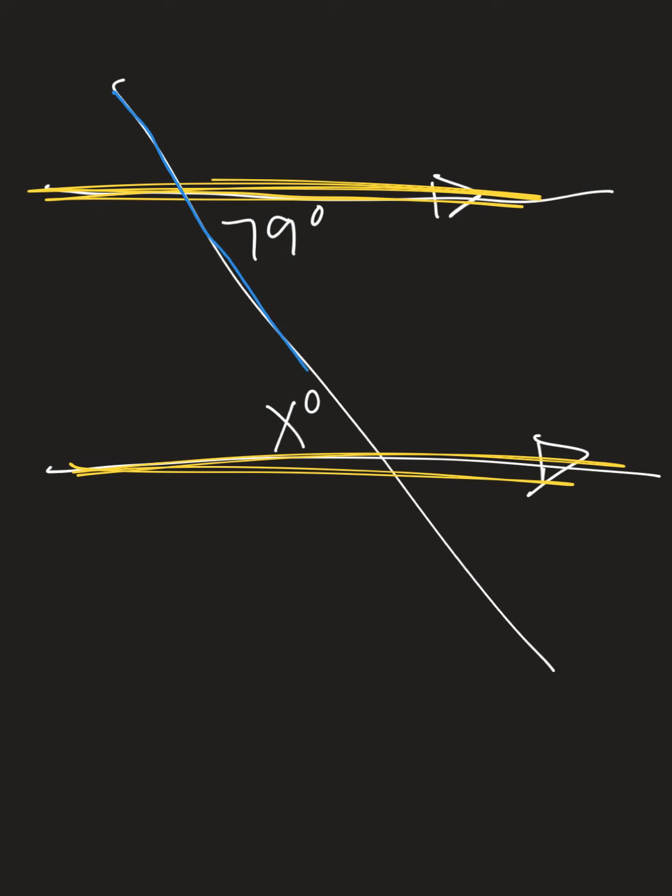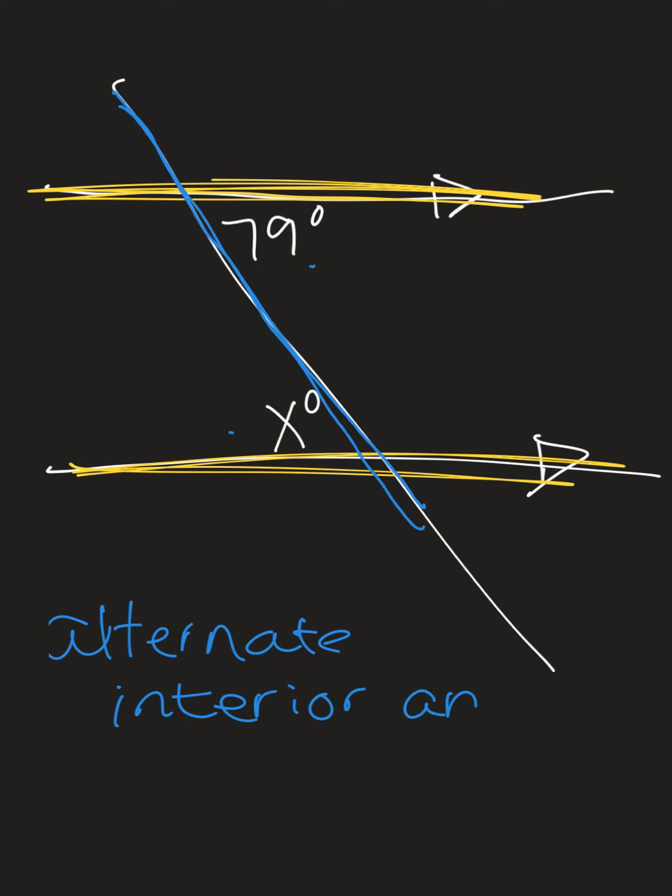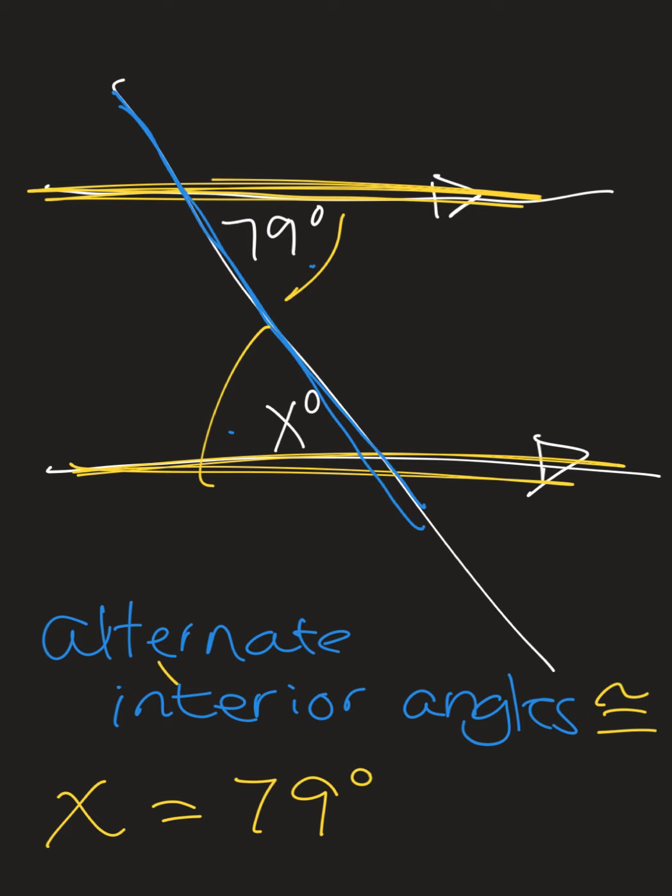My transversal goes through like that. And 79 is on one side of the transversal and x is on the other. That means that these are alternate interior angles. Now, if you remember correctly, if you made sure to jot down the notes, you should know that 79 degrees and x degrees are congruent because they are alternate interior angles. These are congruent angles. So that means x is equal to 79 degrees.